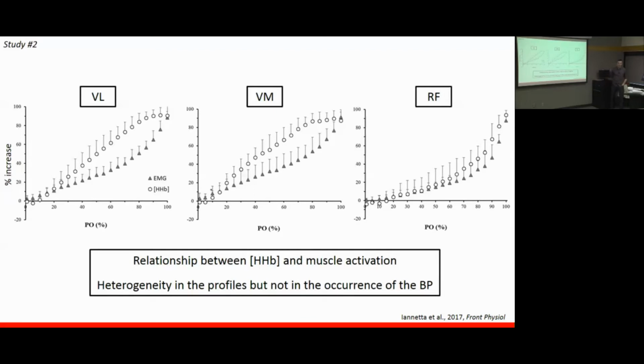Danilo, have you seen any data looking at changes in inspired oxygen pressures on the NIRS signal? You mean hypoxia? Yeah, there is only one study actually. It shows that this plateau with hypoxia comes earlier in time, and there is still a plateau.